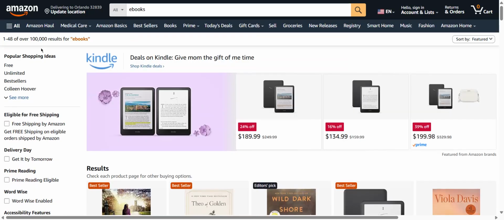So, for instance, for ebooks in general, for this particular page, there's over 100,000 books listed, which tells me that there is a big market for ebooks on the Kindle store in general.